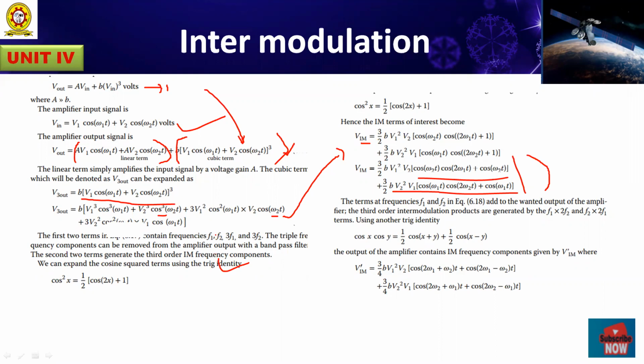By modification of this equation, the amplifier contains intermodulation frequencies, which are indicated here as VIM dash. Using the identity cos A into cos B equals cos of A plus B by 2 plus cos of A minus B by 2, we get the equation like this.